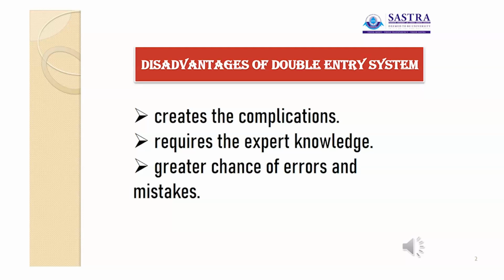Expert knowledge in the sense the accountants should know how these transactions are recorded in the double entry system. Definitely they should have specialized knowledge in financial accounting. So it requires expert knowledge. Then the third one is there is a greater chance of errors and mistakes.